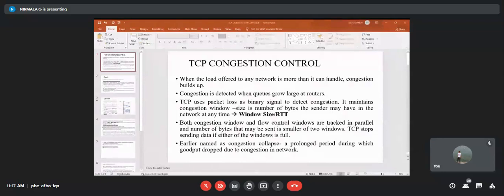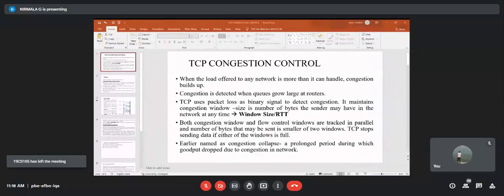Suppose we consider any amount of data to be sent. We have already discussed window management in TCP. It means that the sender and receiver check the availability of the buffer at the receiver side, and based on that the sender sends the data.